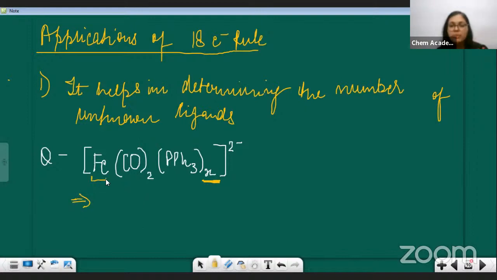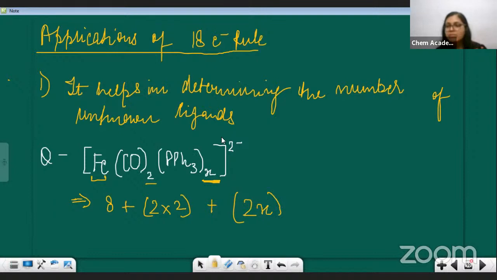Okay, so on applying the 18 electron rule here, we know that the group number of the metal here is 8, plus the contribution of the ligand. For CO we know it is 2, into, since there are 2 of these, we are going to multiply it by 2, plus we do not know X, but we do know the contribution of PPh3, so it is going to be 2x.